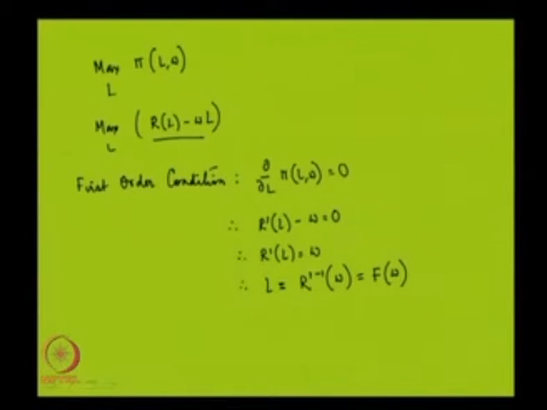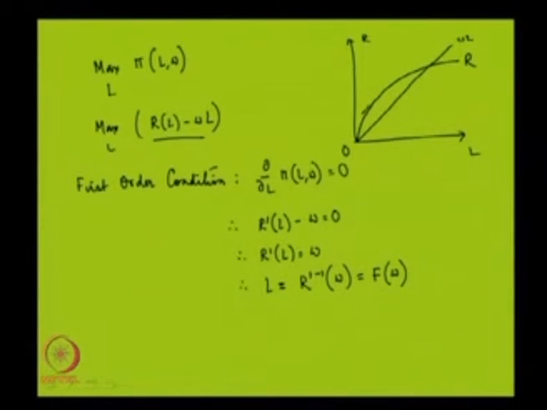This can also be represented by this diagram. This diagram is something which you have seen before. I'm sorry, this is R. So, you have this rising R function and you have this WL. Now, if W is given, what is the level of L which is maximizing R minus WL?